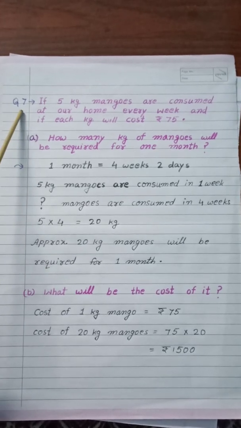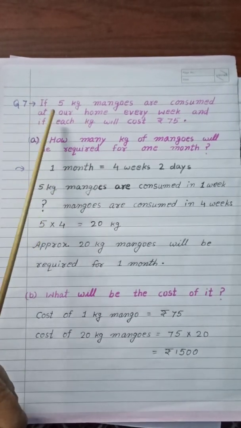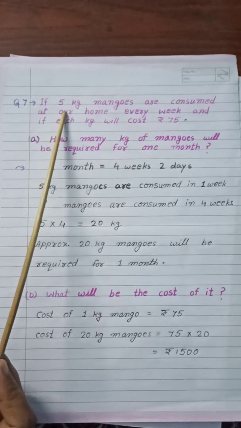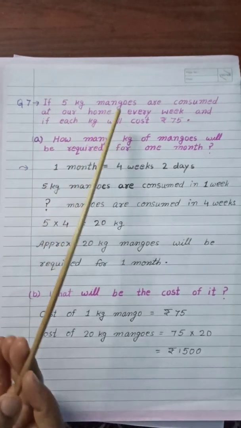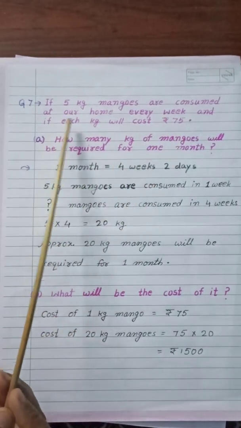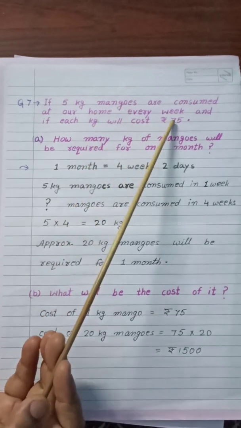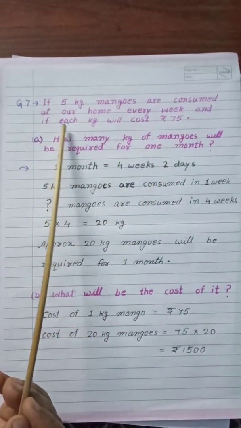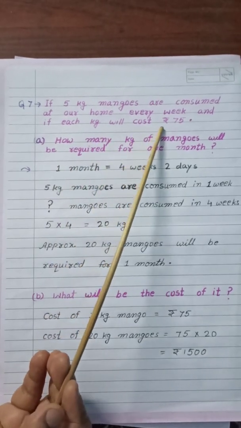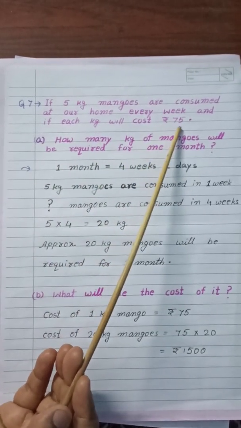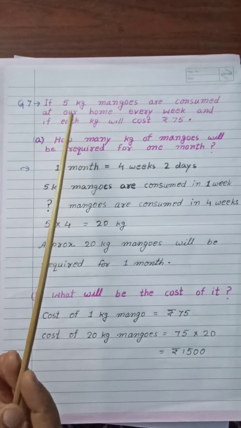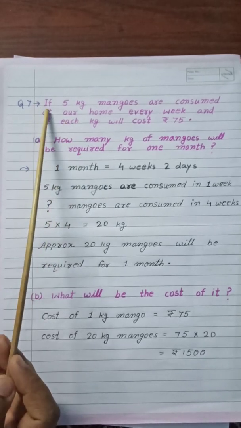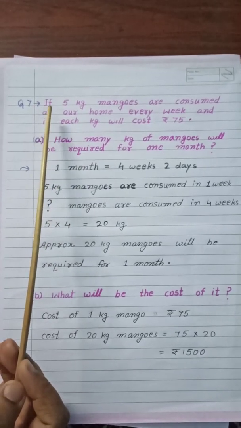Let's see question 7. If 5 kg mangoes are consumed at our home every week, and if each kg costs 75 rupees. So children, pay attention here. What is given here?